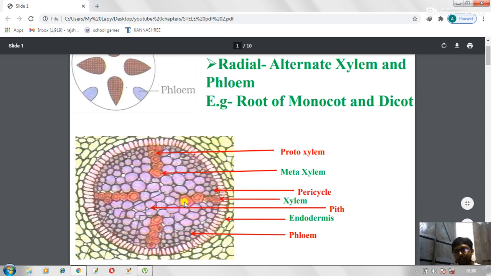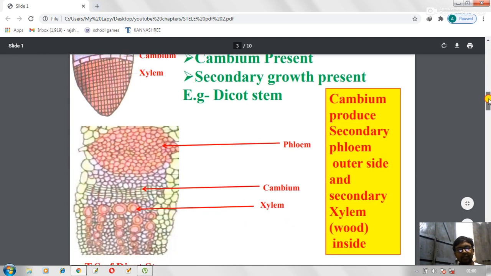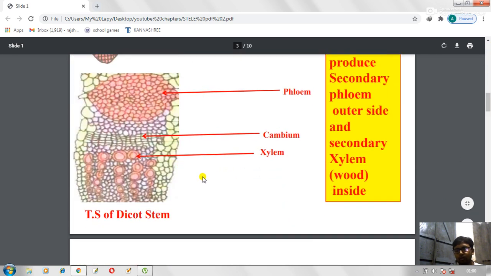This is the opposite phenomenon, and it is the most important one: xylem is exarch in the root, but in the stem, xylem is endarch. So the vascular bundle is endarch, with protoxylem present inside, not on the outer side. This one is most important.